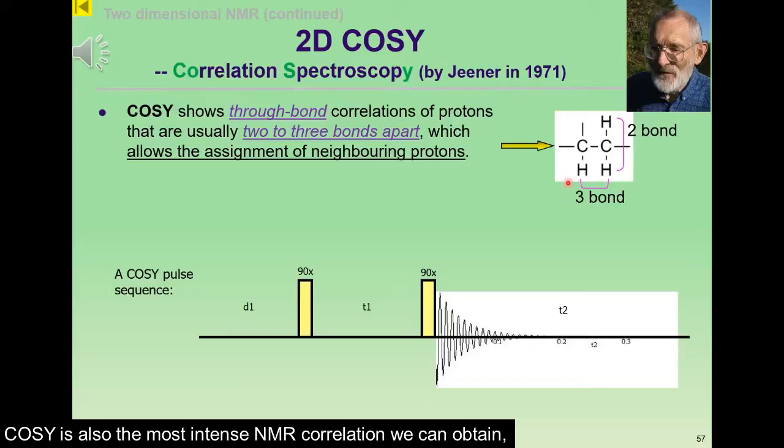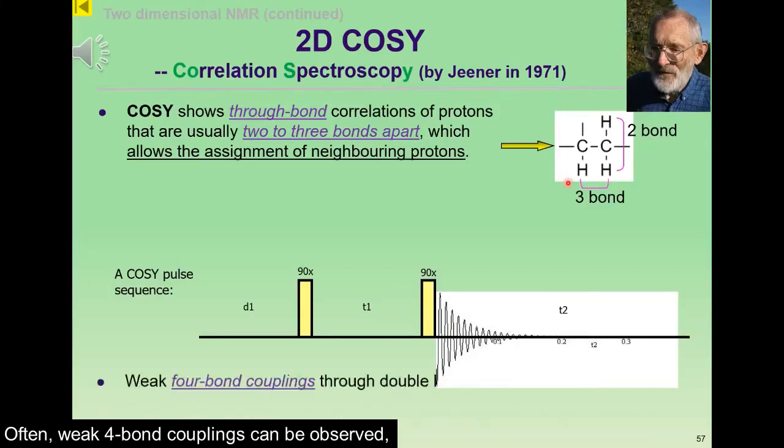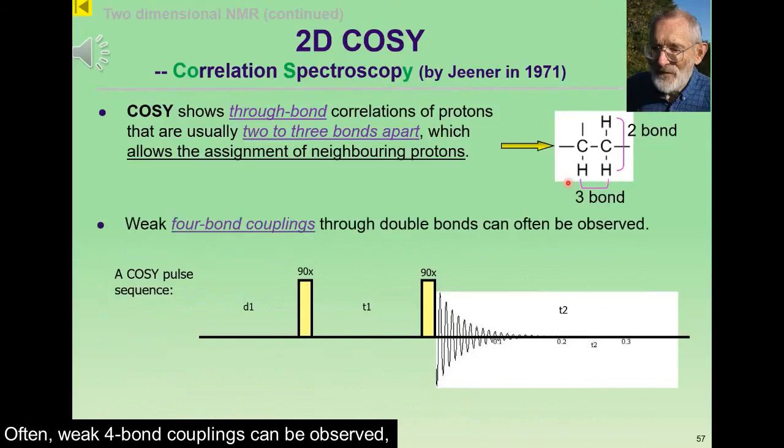COSY is also the most intense NMR correlation we can obtain and is widely used for molecular structure determination. Often, weak 4-bond coupling can be observed, especially when there is a double bond involved.